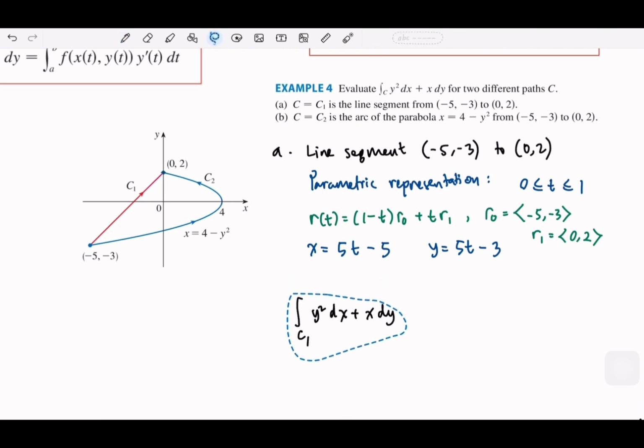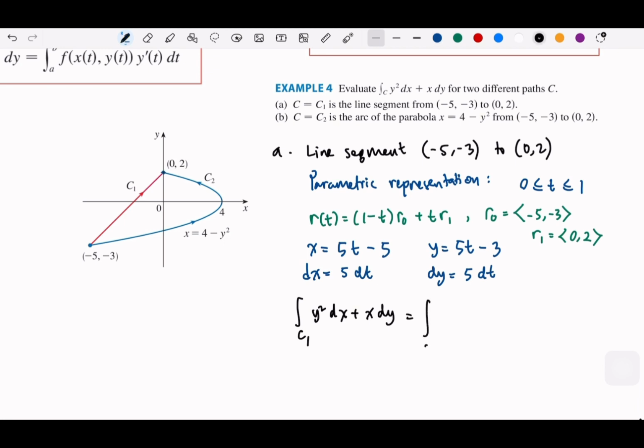Let me write first the derivatives: dx is 5 dt, dy is also 5 dt, right? Okay, we can substitute, and then integrate the parameter from 0 to 1.